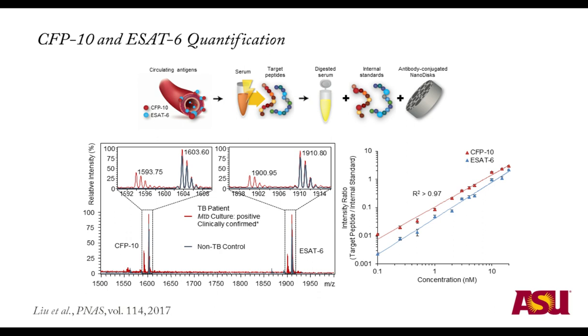You can tell the red curve represents the TB patients and the blue curve represents the healthy control. Both of them show a peak at the location of 1603. That's the internal standard, but only the TB patients show the peak at 1593 for CFP10, and the 1900s for ESAT6.